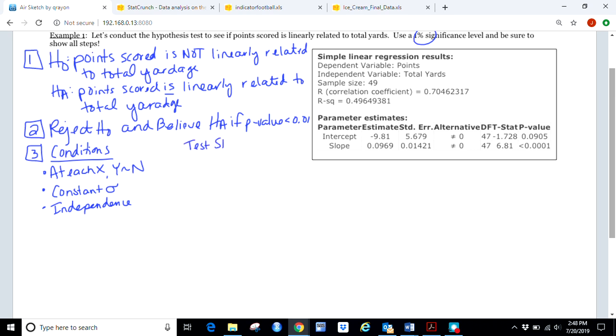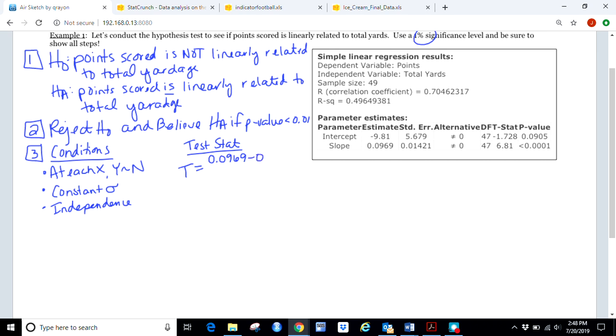Now for our test statistic, we're calculating our t. We're doing a hypothesis test for slope, so all of the numbers I'm going to pull off are going to be from the slope row, and I don't want to accidentally jump up into that intercept row. My estimate, my B1 that I need, is 0.0969.